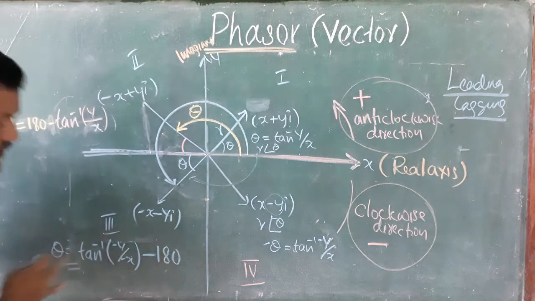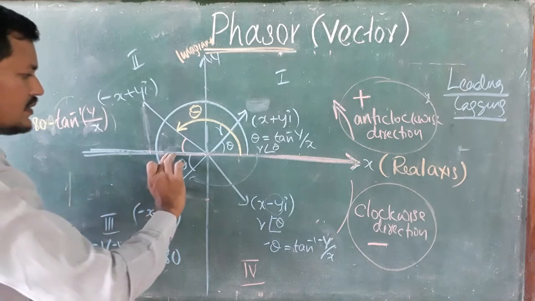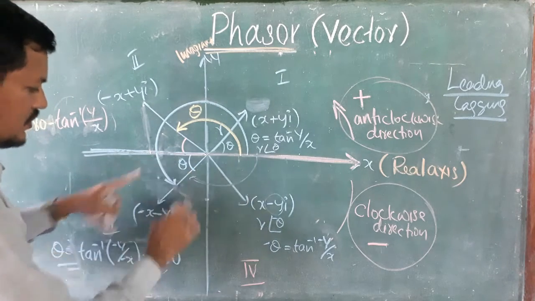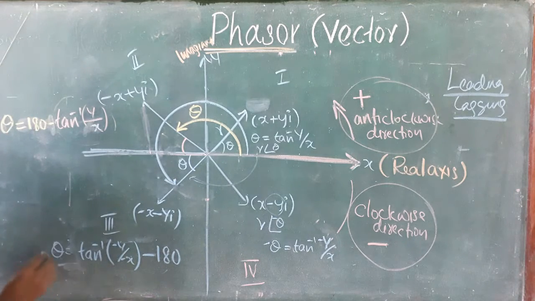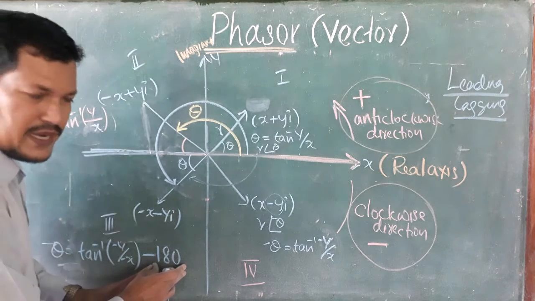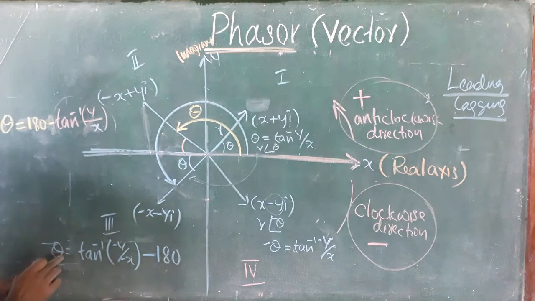This one is also correct. Clear? So what value will we get? The angle will be angle minus 180, so we will get the minus itself. Minus 180 means a larger magnitude, so automatically theta will get a minus sign.